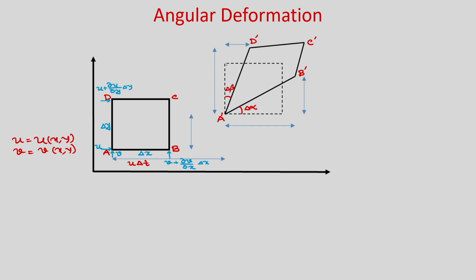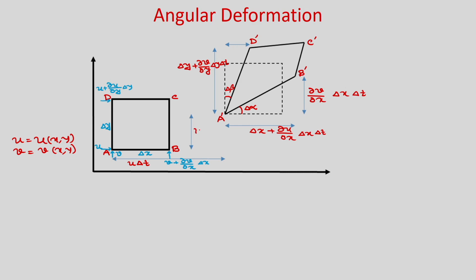The vertical distance A prime to D prime will be delta y plus del v by del y into delta t, and this will be delta x plus del u by del x delta x into delta t. This distance will be del v by del x delta x into delta t, and as this velocity is v, it has moved to here.